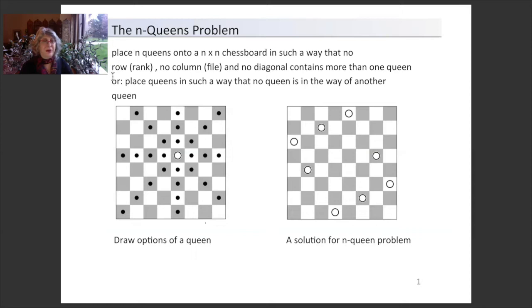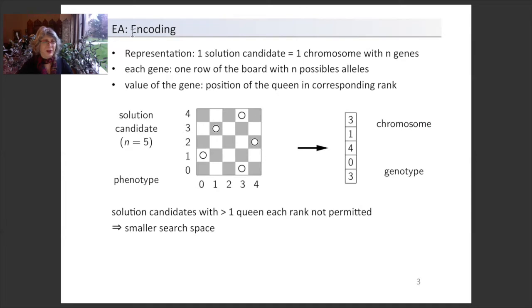The n-queens problem is defined as placing n queens in such a way that no queen is in the way of another queen. So if you consider any column, any row, any diagonal, there should be only a single queen. Remember the encoding that we considered previously.